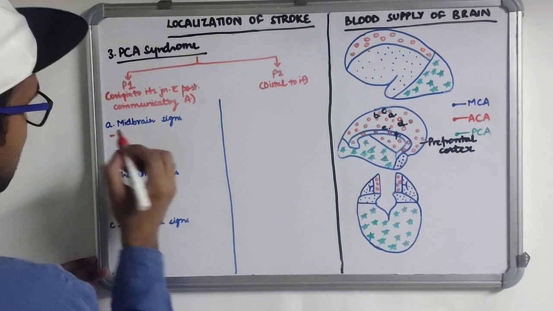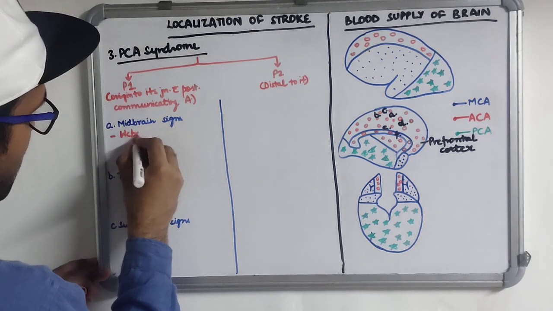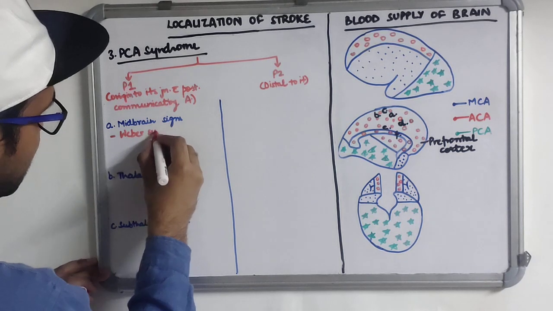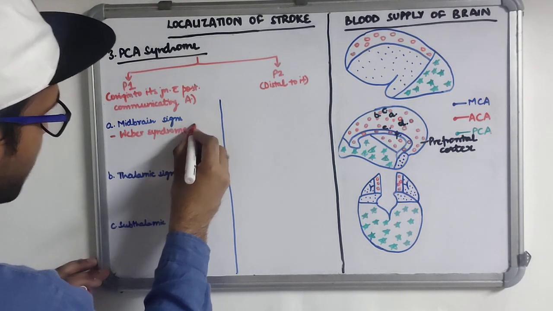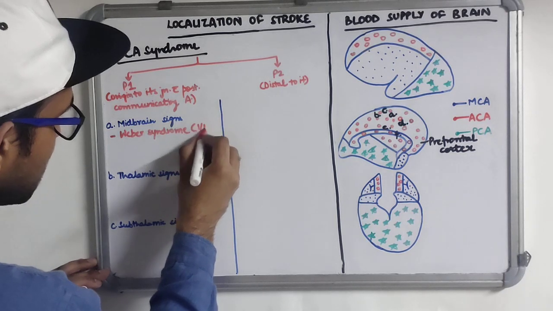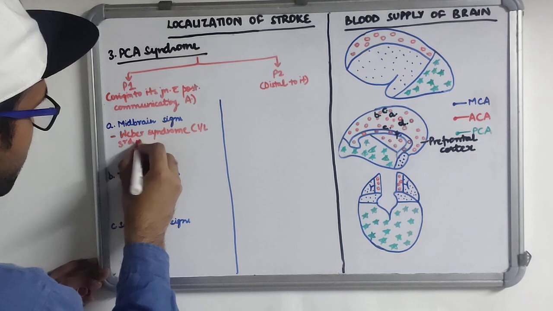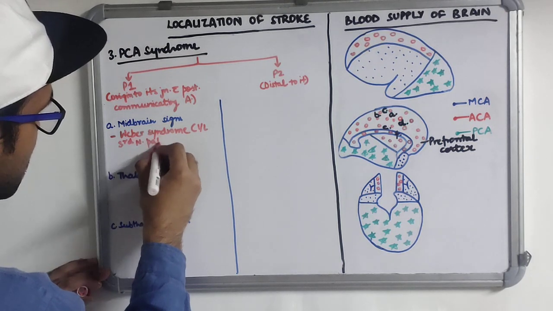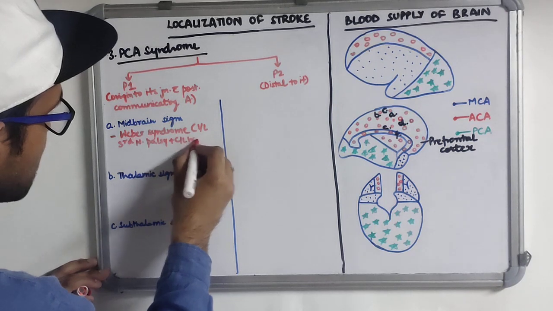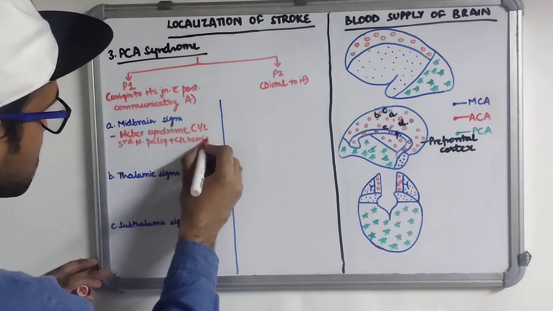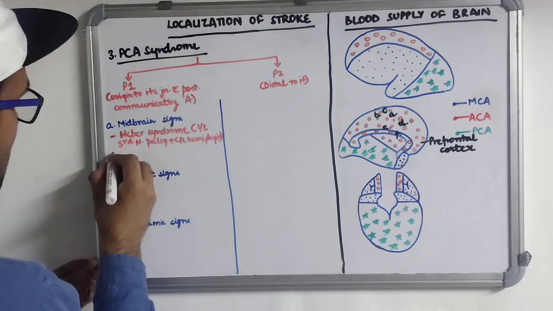Midbrain signs are either Weber syndrome or Claude syndrome. Weber syndrome is ipsilateral third nerve palsy plus contralateral hemiplegia due to involvement of the cerebral peduncles. This is Weber. And what is Claude?